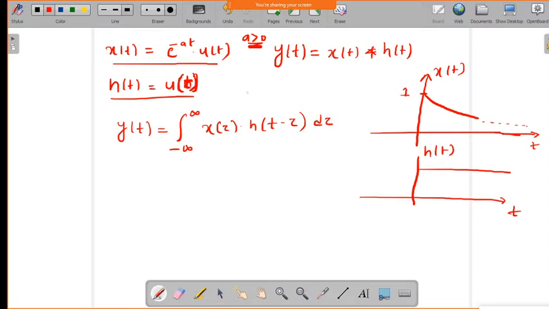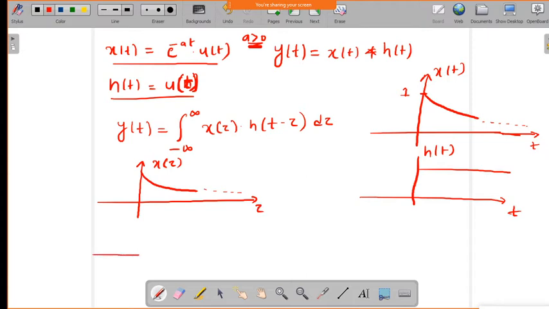Now you have to express it in terms of tau. If you write the signal in terms of tau, you will get x of tau as the exponential signal, so the axis will be tau.